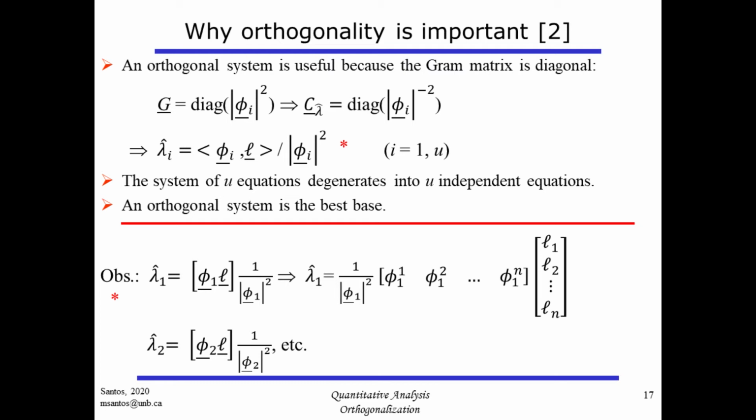Explicitly, we have what it represents here. For the second coefficient, we have the same, and for every coefficient we're going to have the same procedure. It is always the product of each individual row of the Vandermonde matrix by the full set of observations divided by the quadratic norm.